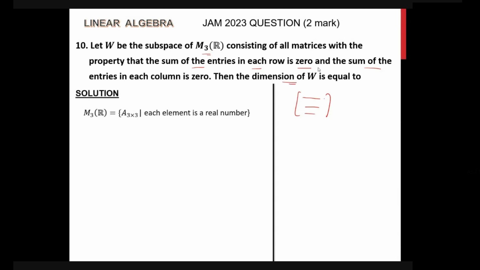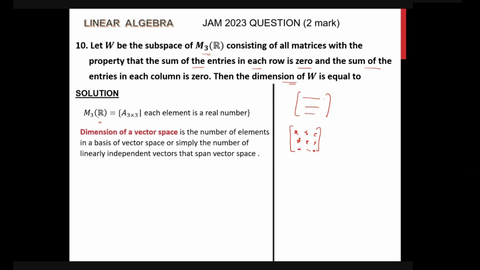So what is M3 of R? M3 of R is the set of all 3 by 3 matrices, where each element is a real number. If you have a 3 by 3 matrix, how many elements are there? 9 elements, and you can choose any value for each of them.